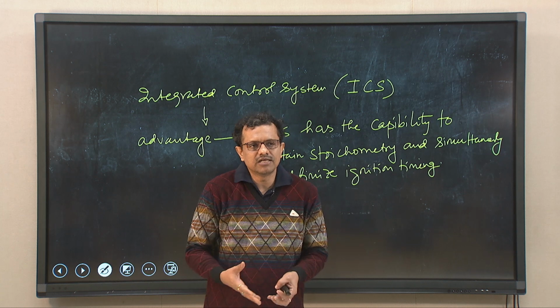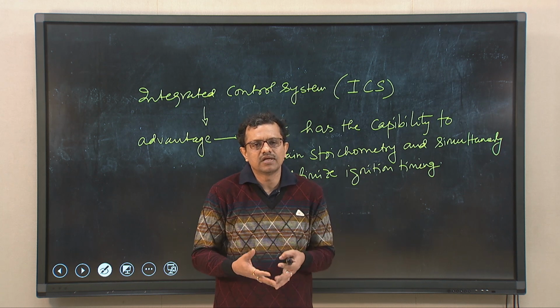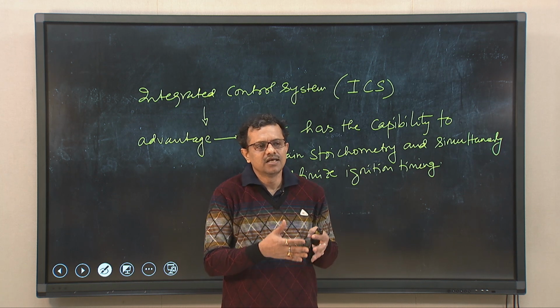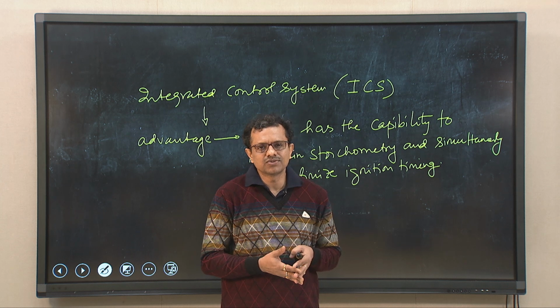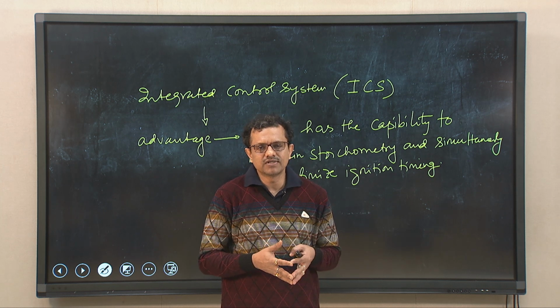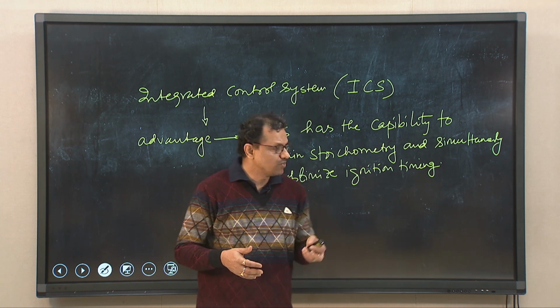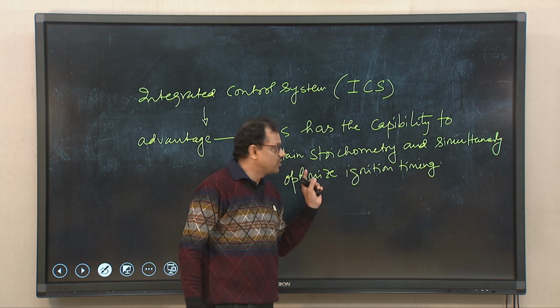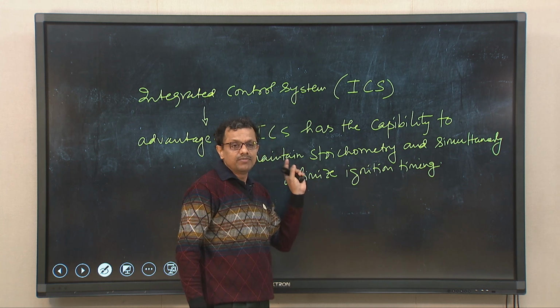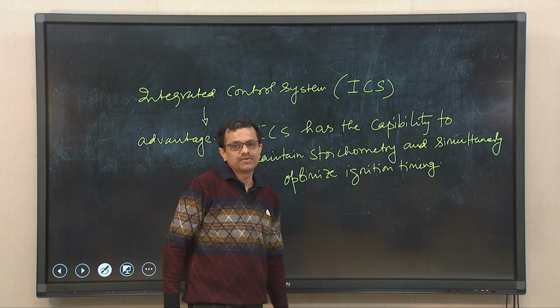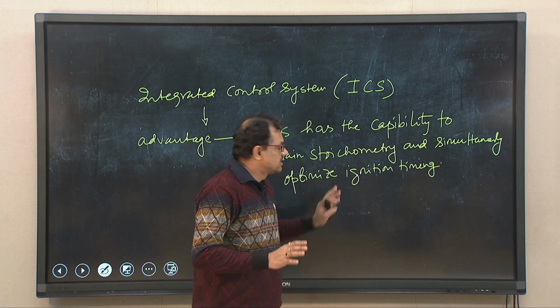Of course, if the requirement is heavy load or acceleration, certainly the air fuel ratio should deviate from the stoichiometric air fuel ratio, otherwise it will be able to maintain stoichiometry in the air fuel ratio, and simultaneously we will maintain an optimum level of emission and also ignition timing.